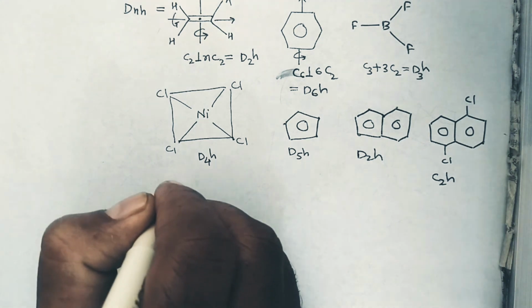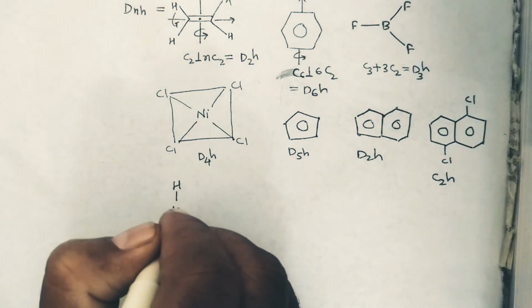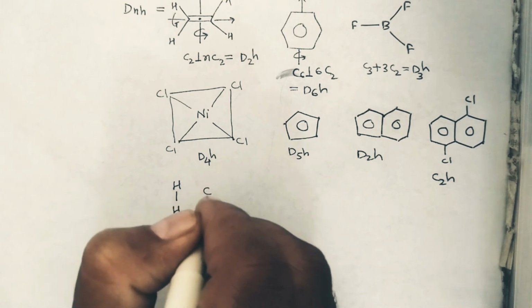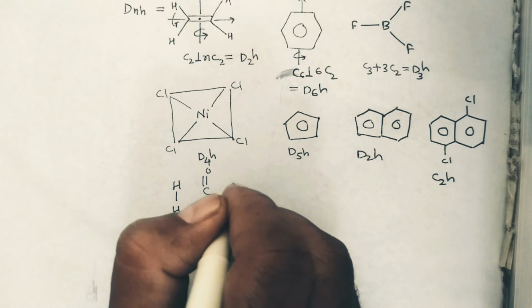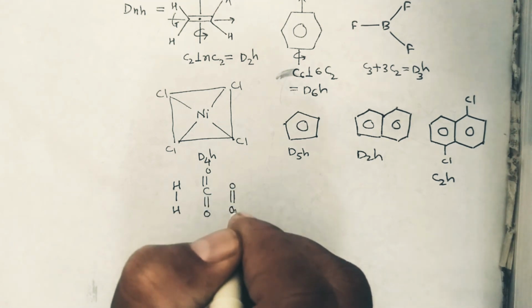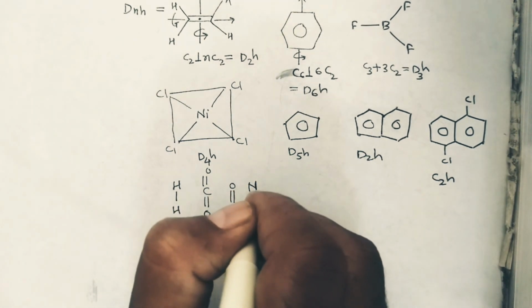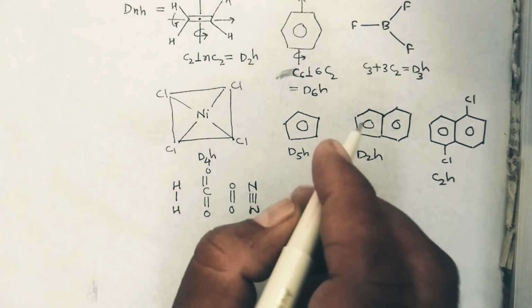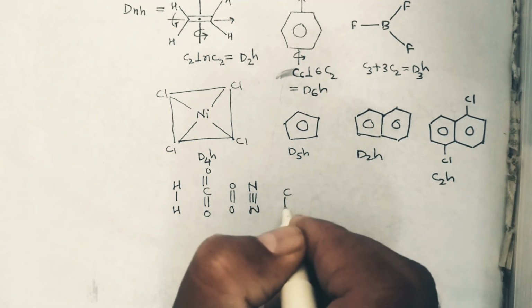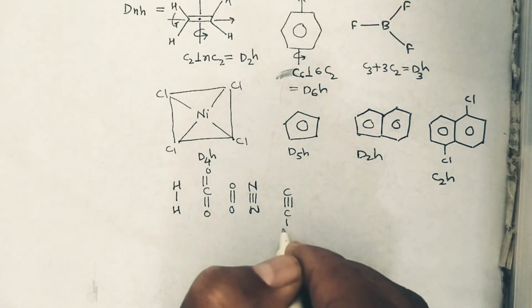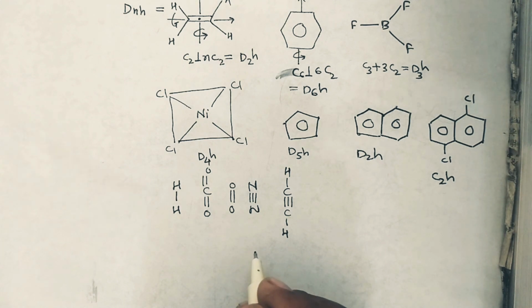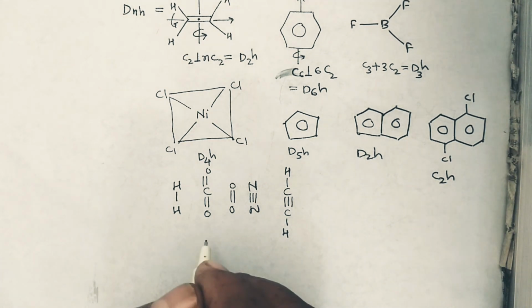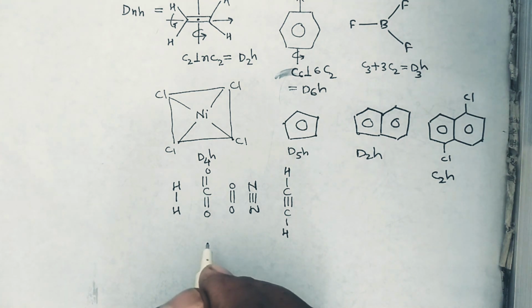Some diatomic molecules like H2, CO2, O2, N2, acetylene, they are linear molecules and therefore they contain an infinite axis of symmetry plus an infinite horizontal plane.